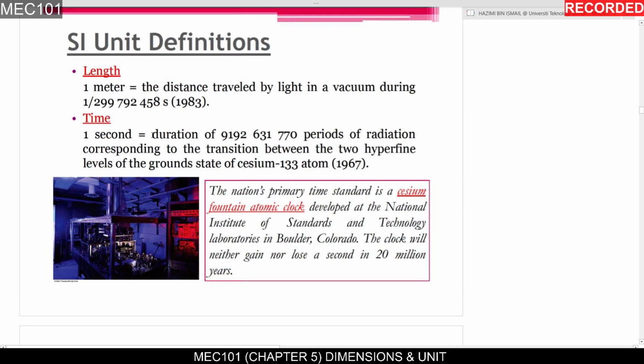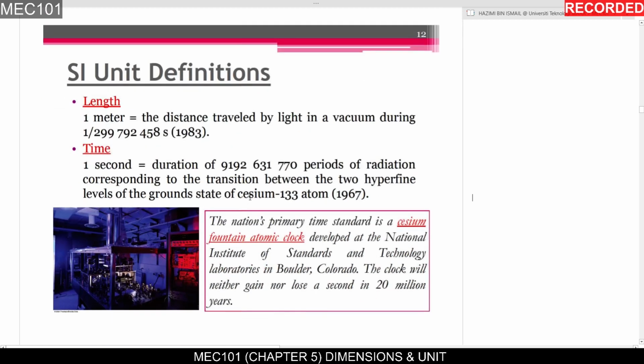will be fixed, maybe not completely fixed, but almost fixed forever. So the standards for every basic unit will become constant for the whole of our applications in our engineering fields and the scientific world.